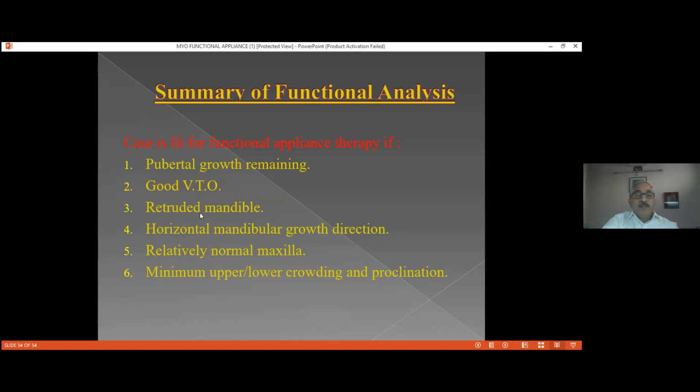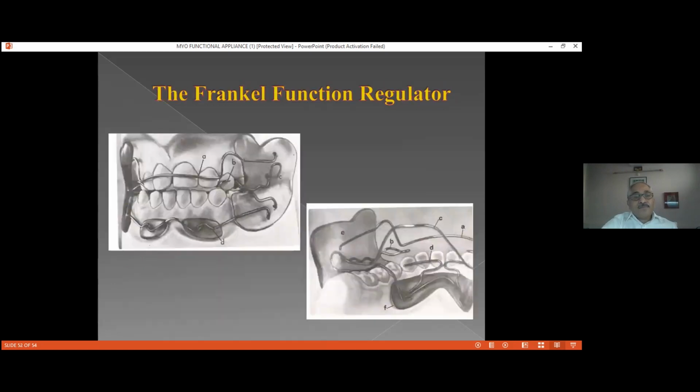The patient should have a retruded mandible. The horizontal mandibular growth direction is again very important, and a relatively normal maxilla has to be there. Minimum or no crowding and proclination should be there. Whereas a certain amount of crowding can be relieved by the Frankel appliances.